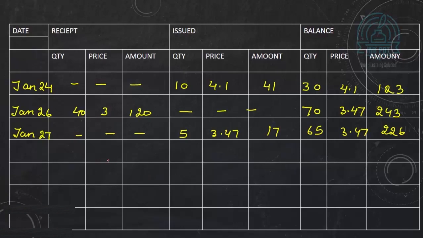So again, I'm writing here, closing stock is equal to 65 units at the rate of 3.47, value 226, and this is approx.